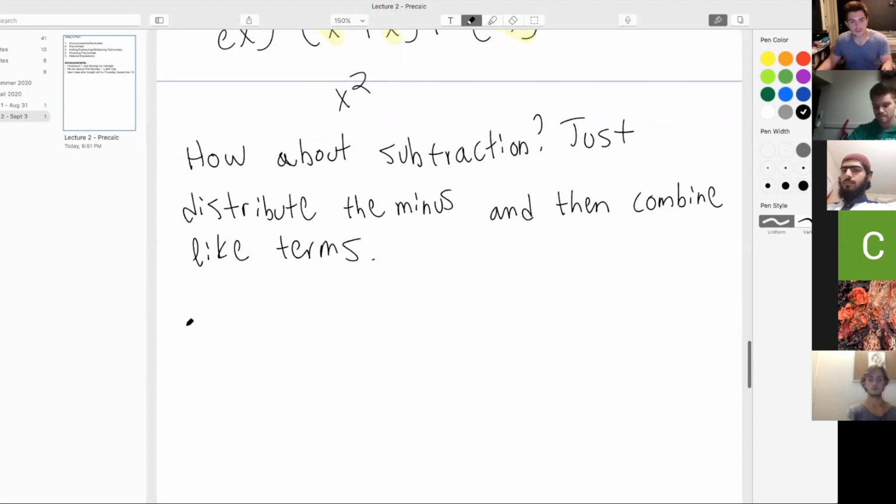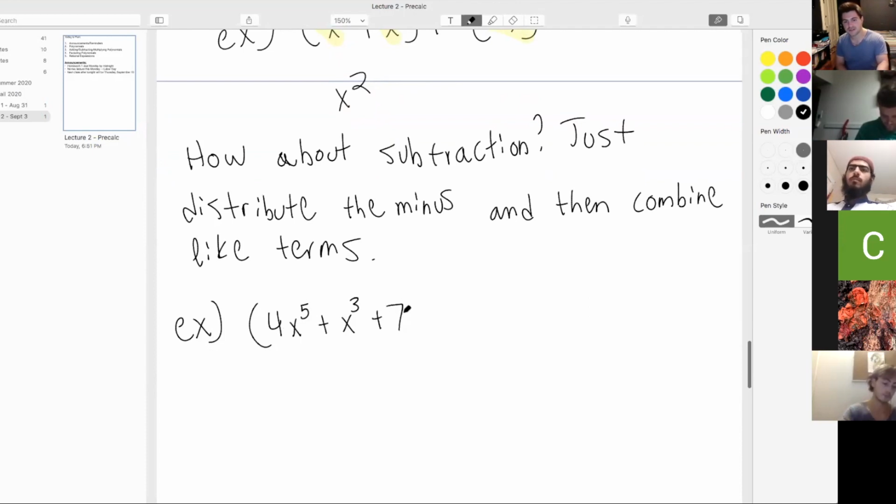Okay, example. How about 4x to the 5th plus x to the 3rd plus 7x, minus? Now there's a minus sign in between the two polynomials. We're doing subtraction now. Minus x to the 5th plus 2x minus 4.